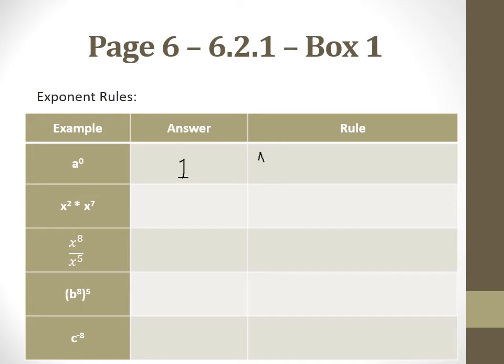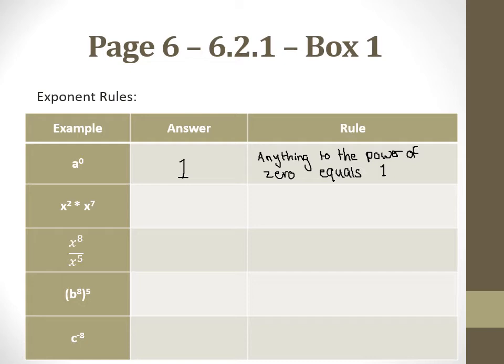So the rule is anything to the power of 0 is going to equal 1. So you could have a to the 0, you could have x to the 0, you could have 5 to the power of 0. Anything to the power of 0 equals 1.